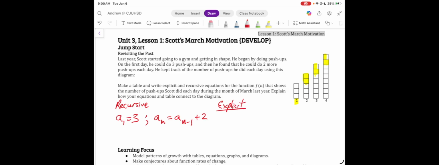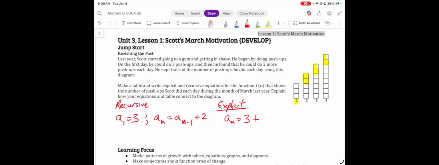Now, we also learned in Integrated 1 that you can create an explicit equation. Explicit means you have the ability to jump anywhere in the pattern you want to. It's a lot like a vinyl record or a CD player or CD. So for this one, a sub n comes from, where does it start? It starts at 3.